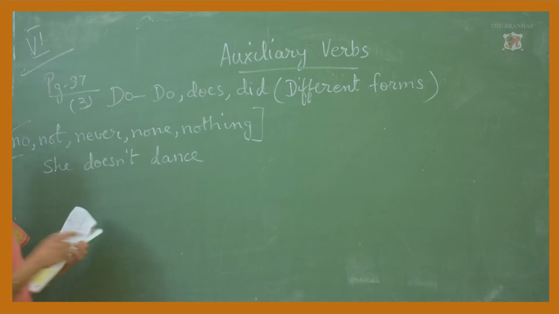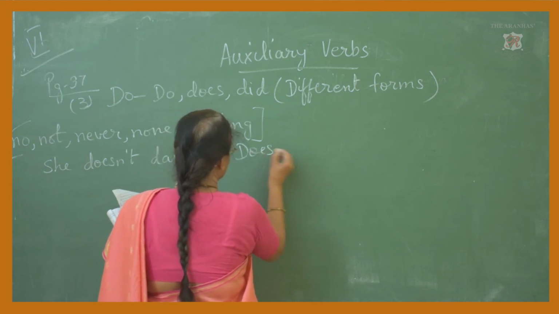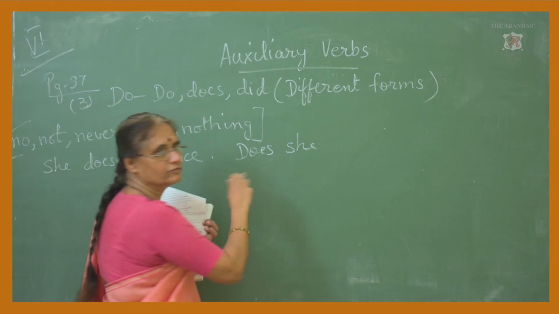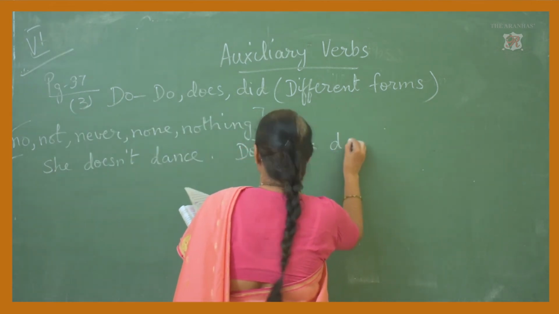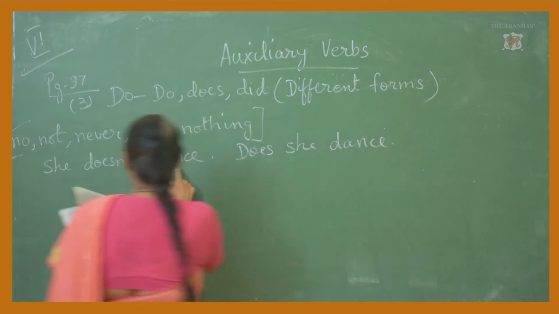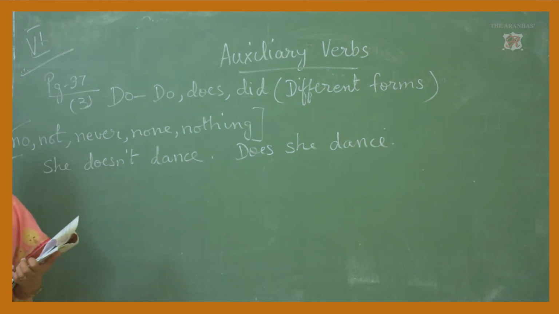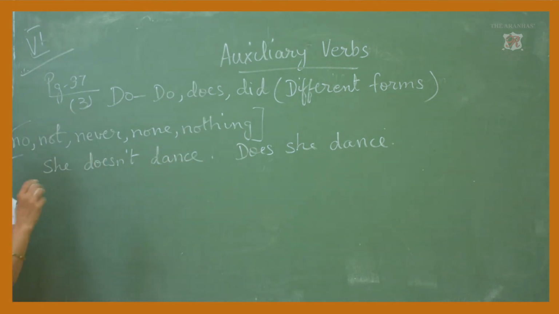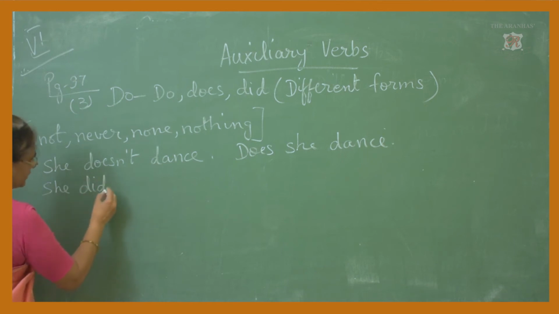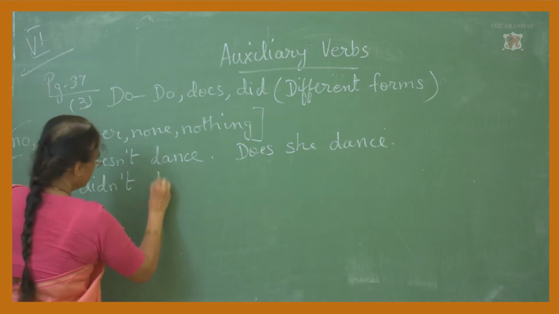Or otherwise we can take it like this also. Does she dance? It is not negative over here. A negative word is not used in this sentence. Does she dance? Whereas over here a negative word is there. Is that clear? Now one more sentence. She didn't dance. So didn't, short form of did not. How will you write this word didn't? D-I-D-N apostrophe T. Didn't dance.